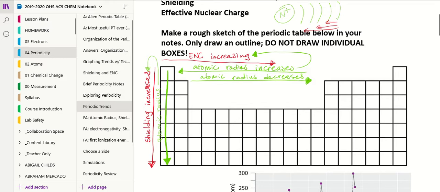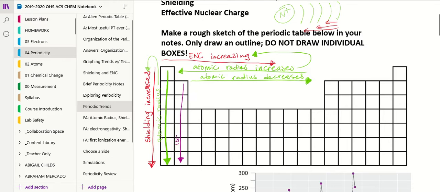Okay. What about first ionization energy? Going down a group, what happens to the first ionization energy? Remember, this is the energy it takes to pull an electron off of an atom. So we're looking at how well that nucleus has a hold of that electron. It should decrease.